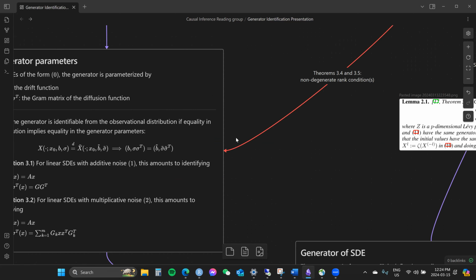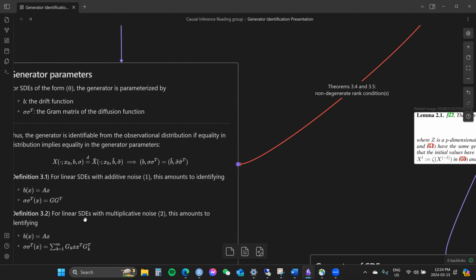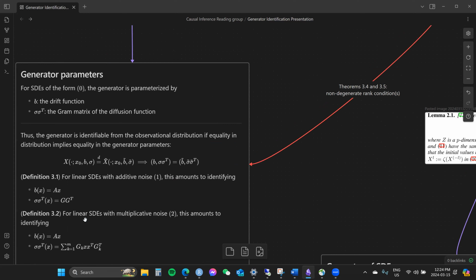The generator, once again, is defined by the drift and the Gram matrix of the diffusion. In the case of additive noise, what's the drift? The drift is going to just be, oh wait, I think this is wrong.